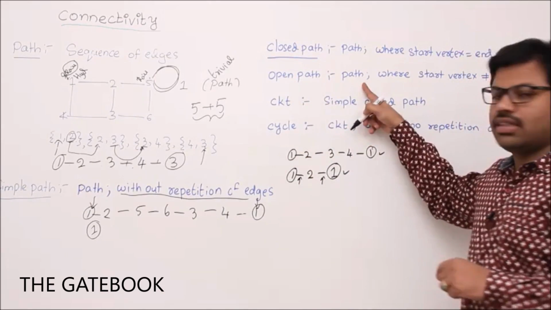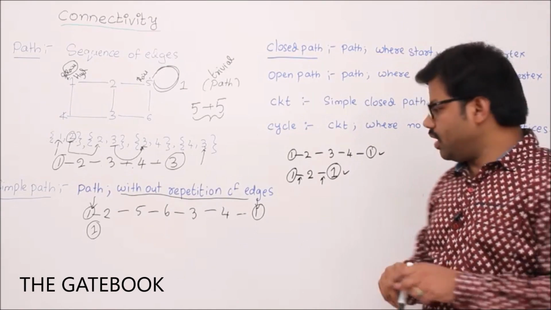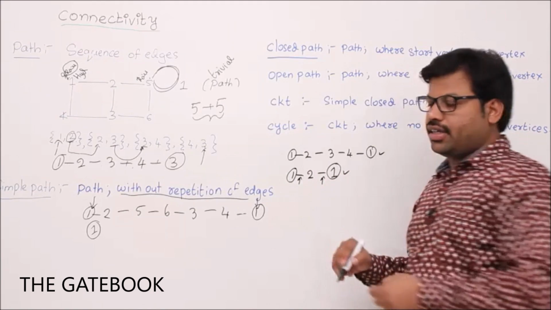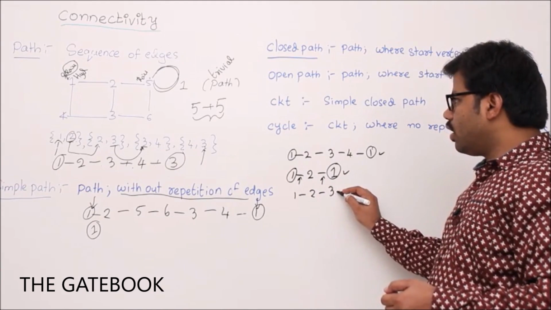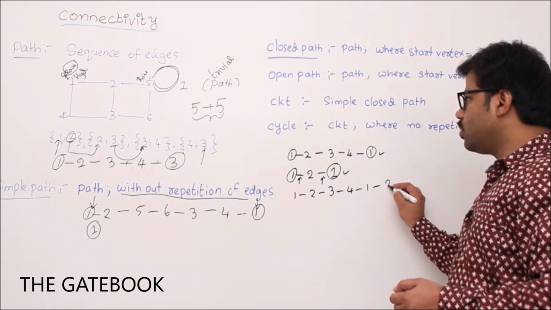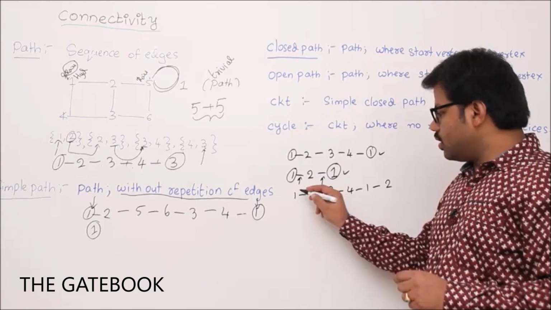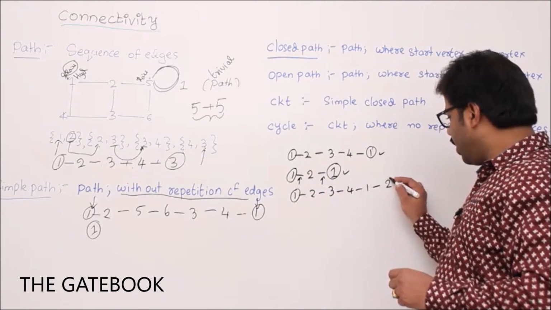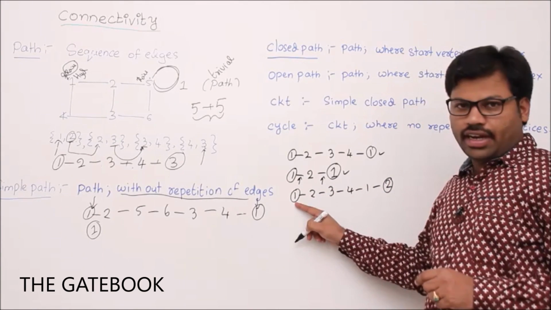An open path is a path like any path where the start vertex is not equal to the end vertex. That means starting and ending are different. Example, let's take 1 to 2, 2 to 3, 3 to 4, 4 to 1, which is a closed path. Let me add one more edge, 1 to 2. See, this is not a closed path. The reason is, it's a path but the starting vertex is not equal to the ending vertex, isn't it?